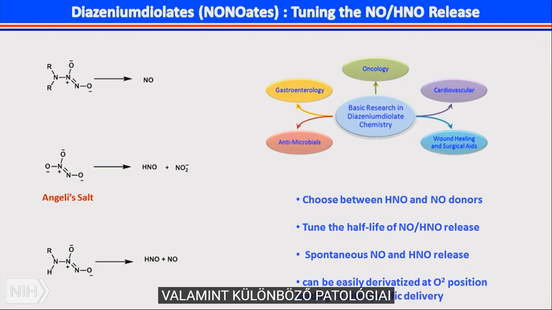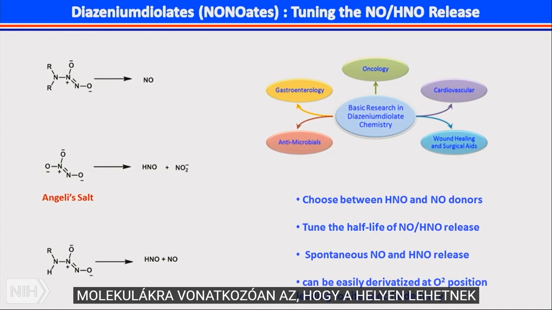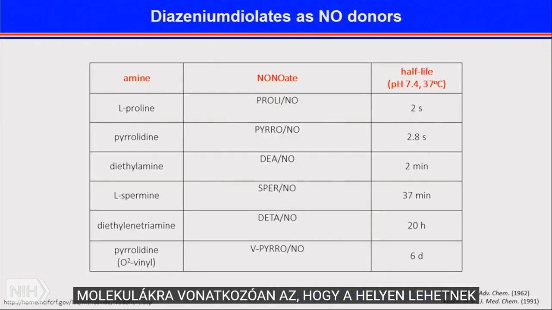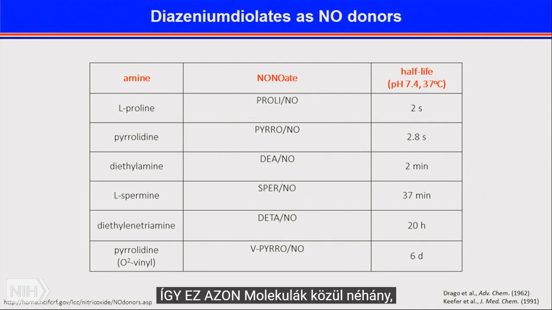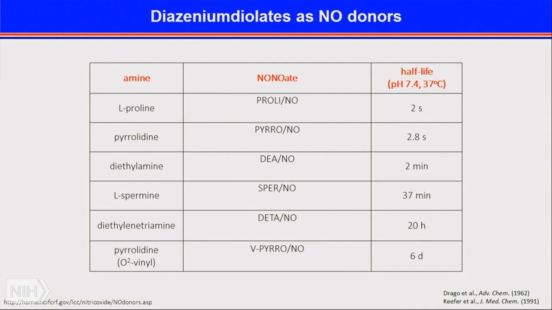One of the important things about these molecules is they can be derivatized at this O2 position, and that can lead to site specificity of NO or HNO release. These are some of the molecules which were developed in Dr. Kiefer's group.